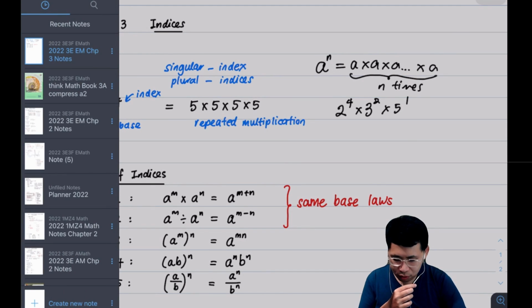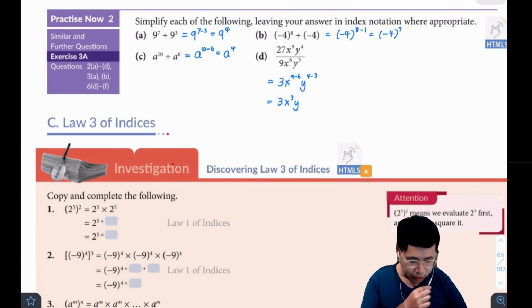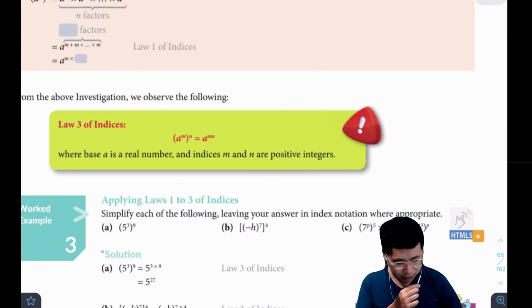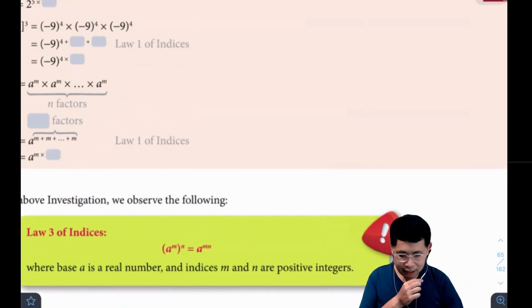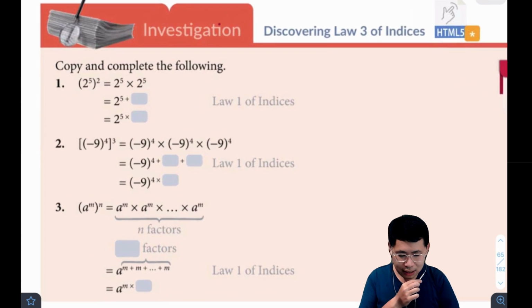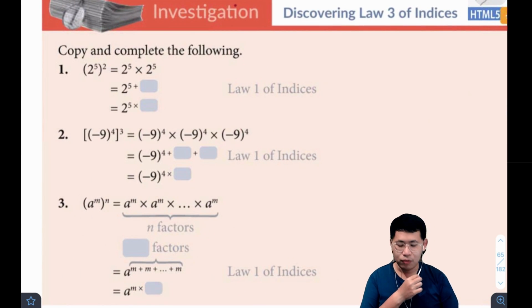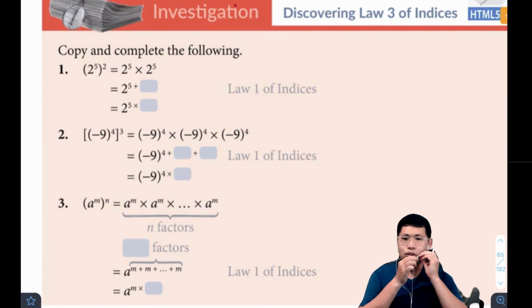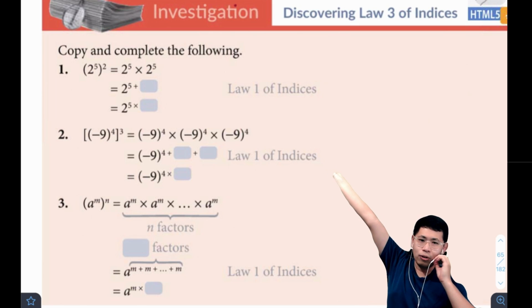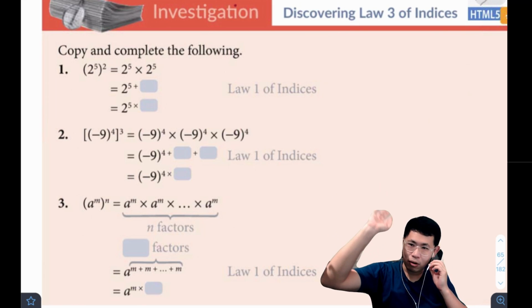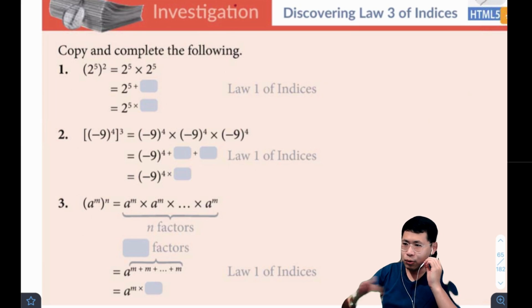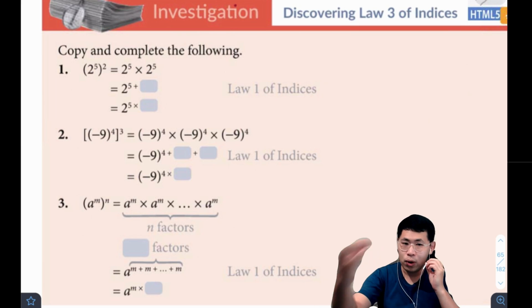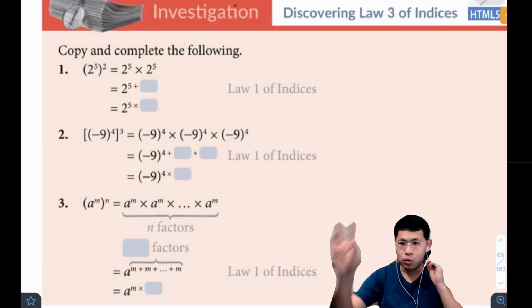Okay, same thing, we will flip to our textbook, we will turn to page 56. There is an investigation at the top part to discover law 3 of indices. So the first one, all the way up there, we have 2 to the power of 5 squared. That means we take 2 to the power of 5 and square it, so 2 to the power of 5 times 2 to the power of 5.